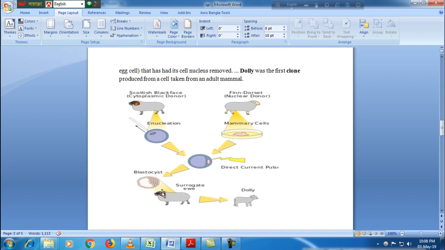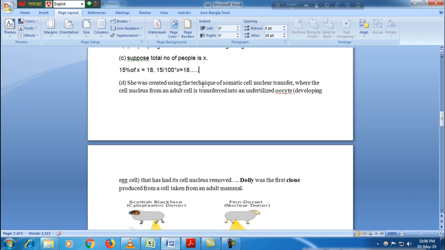It will contain the same genetic information, and later we will insert it into the host mother. The fused cell then develops into an embryo, which is placed in the uterus of the host mother.